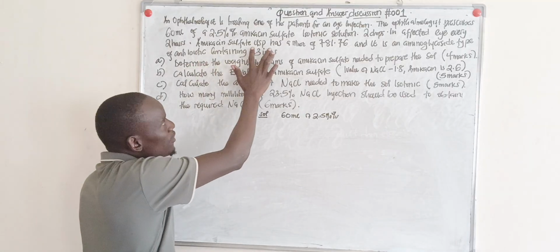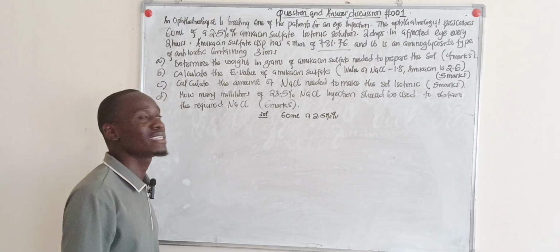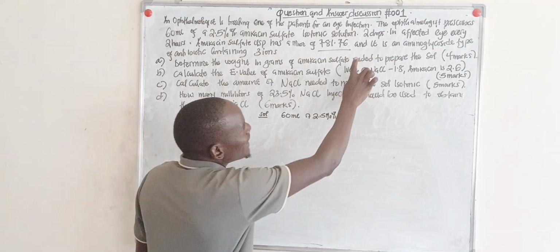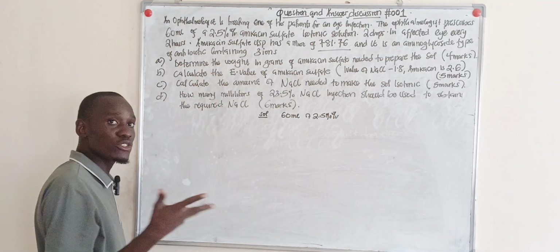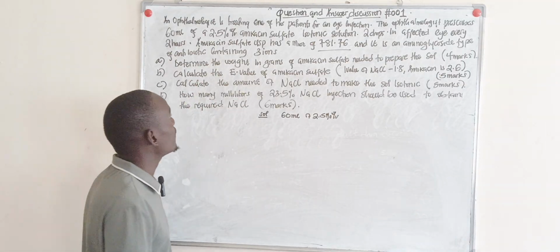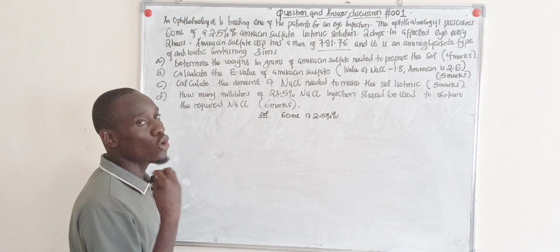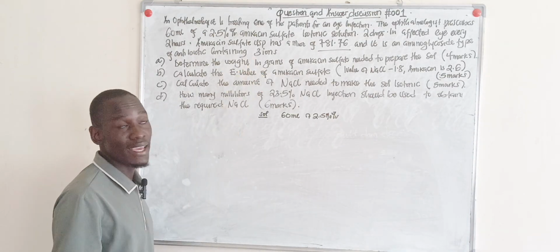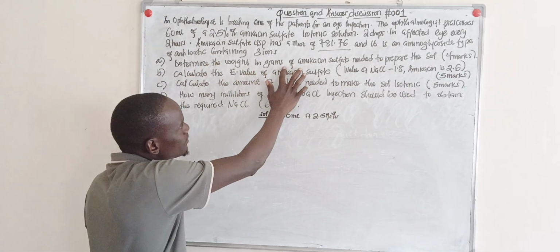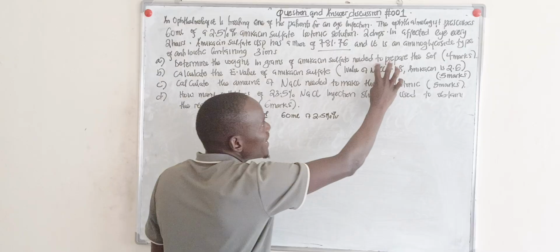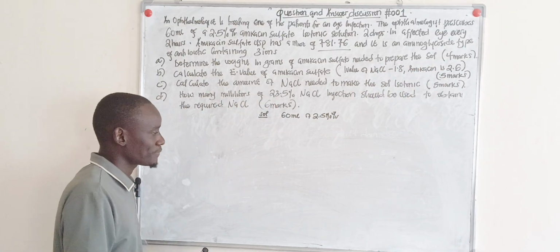But amikacin sulfate has a molecular weight of 781.76, and it is an aminoglycoside type of antibiotic, which we very well know when we refer to our pharmacology. And when it is dissolved in water, it decomposes to produce 3 ions. The first question, determine the weight in milligrams of amikacin sulfate needed to prepare the solution, 4 marks.